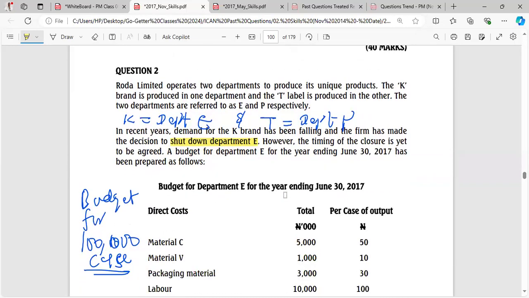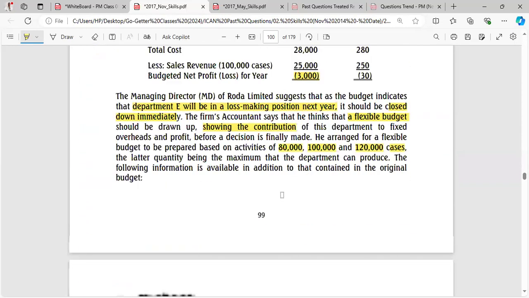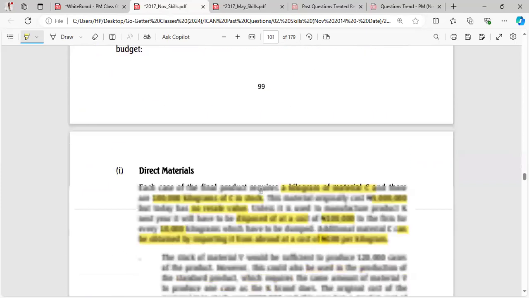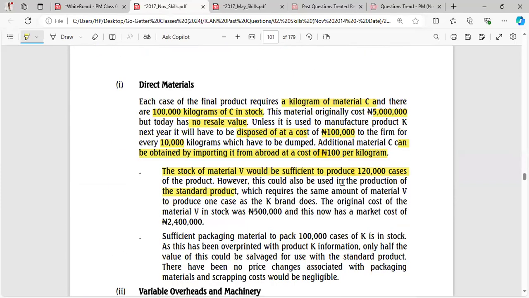They have another product apart from this product. They said it's called a standard product, which requires the same amount of material V to produce one case as the K brand. So the material V required to produce one K brand is the same required to produce the standard product.